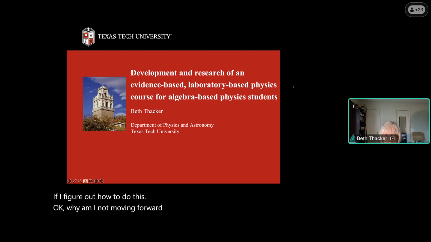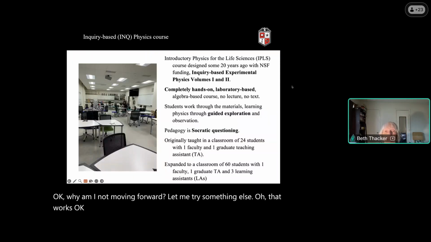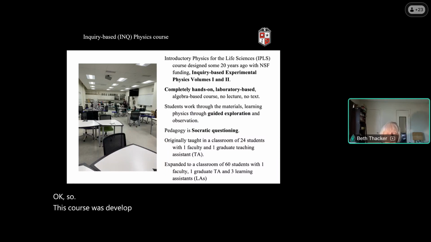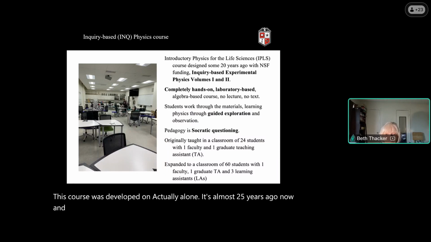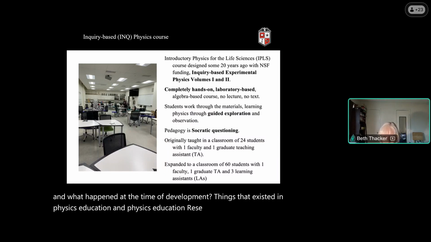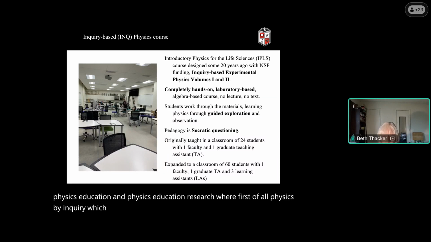Oh, that works. Okay, so this course was developed almost 25 years ago now. At the time of development, things that existed in physics education research were, first of all, Physics by Inquiry, which was a course like this for pre-service teachers at the University of Washington.